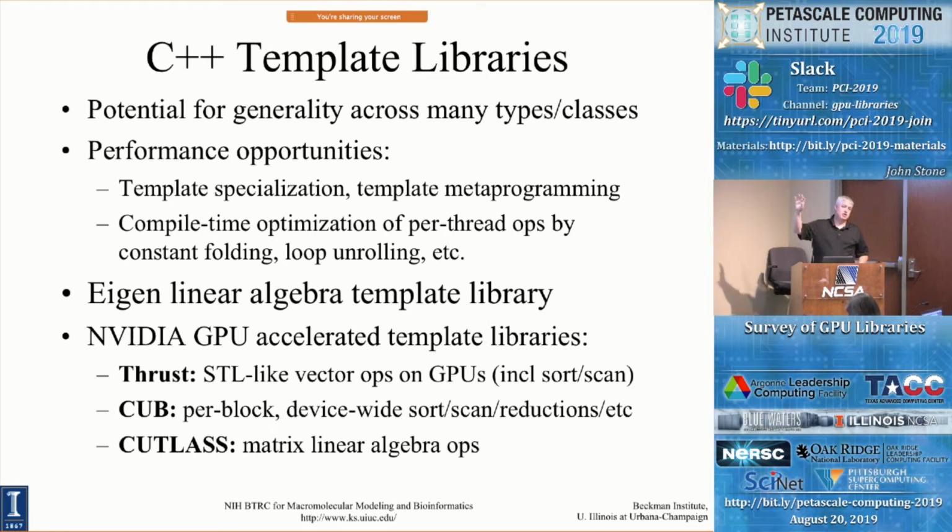All of the information needed is available to the compiler at the same time, so it can do optimizations that would otherwise be impossible with a normal library. So this is pretty cool. You should keep that in the back of your mind.